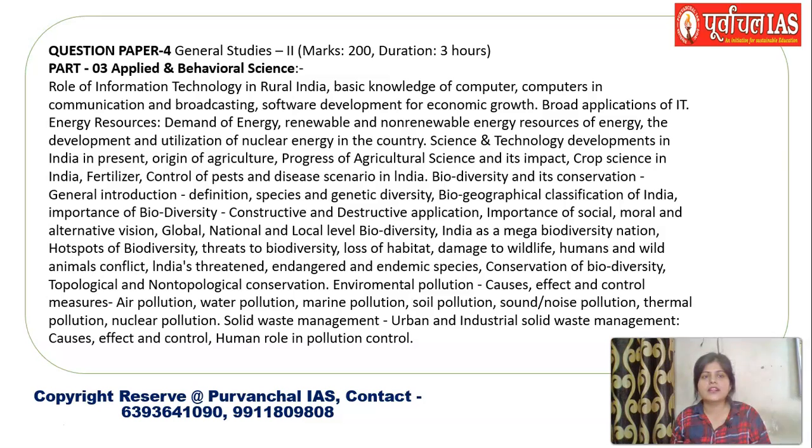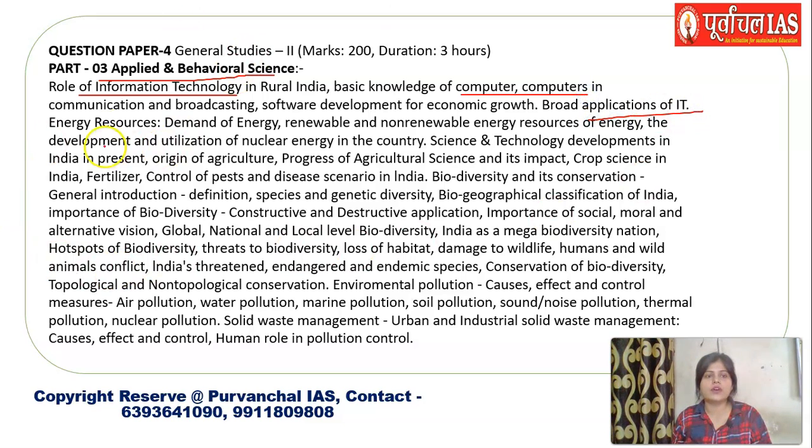Then of this part only, like the question paper 4, we basically have the part 3, which is applied and behavioral science. What we have is the applied and the behavioral sciences. What is here is information technology, basic knowledge of computers, applications of IT.